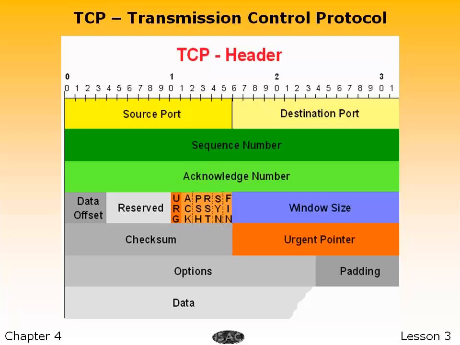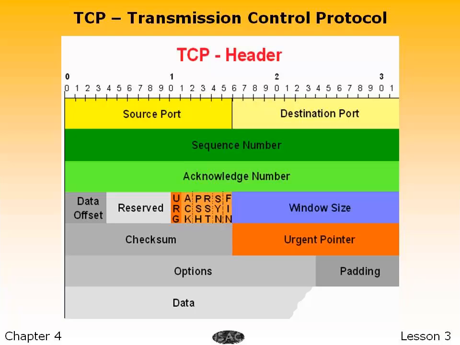TCP provides reliable, ordered delivery of a stream of octets from a program on one computer to another program on another computer. TCP is the protocol used by major Internet applications such as World Wide Web, email, remote administration, and file transfer.